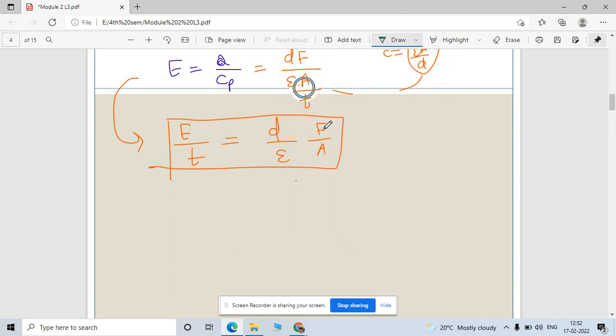What is this factor? Pressure, right? And this is your output voltage, which I have taken as E. So output is a function of input. We set the relation in terms of pressure: E by T equals D by epsilon into P, where P is the pressure term.